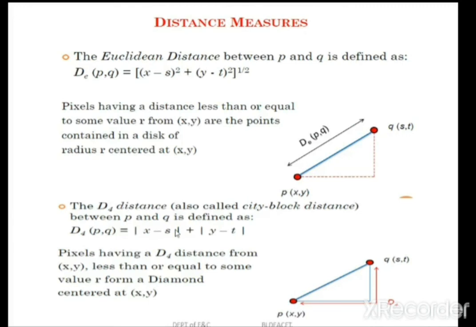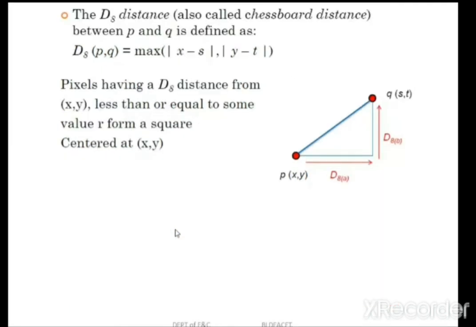The Euclidean distance is something like the equation for a circle. D4 distance will make a diamond shape for any pixel p you consider, and D8 distance is going to form a square from the referred pixel.